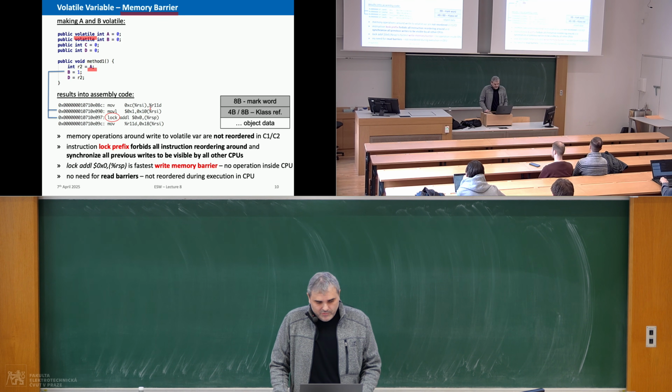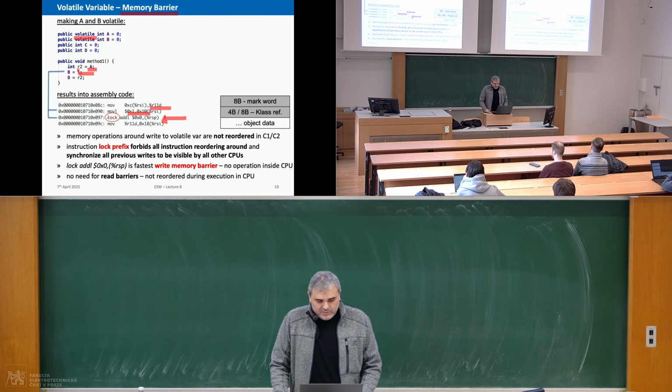So here we have a read into temporary variable R2. Then we are storing 1 into B. And then there is this specific instruction, which works as a memory barrier, a write memory barrier.